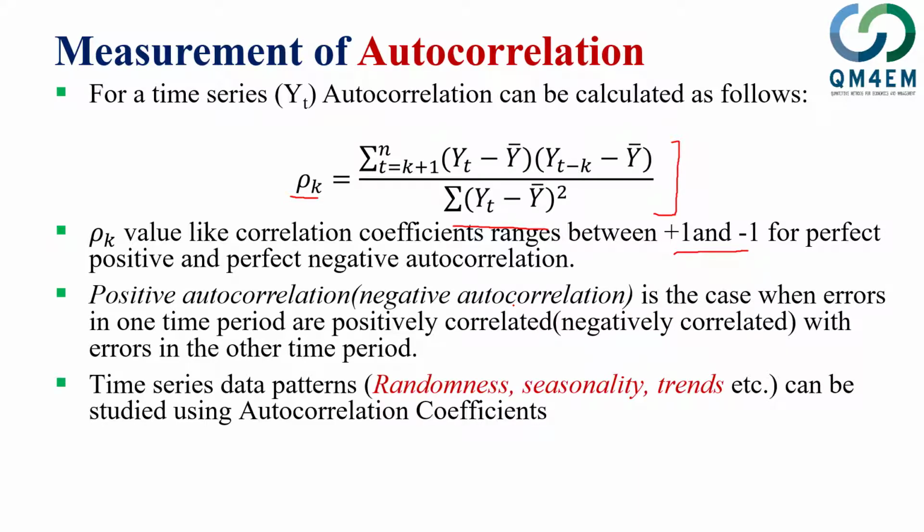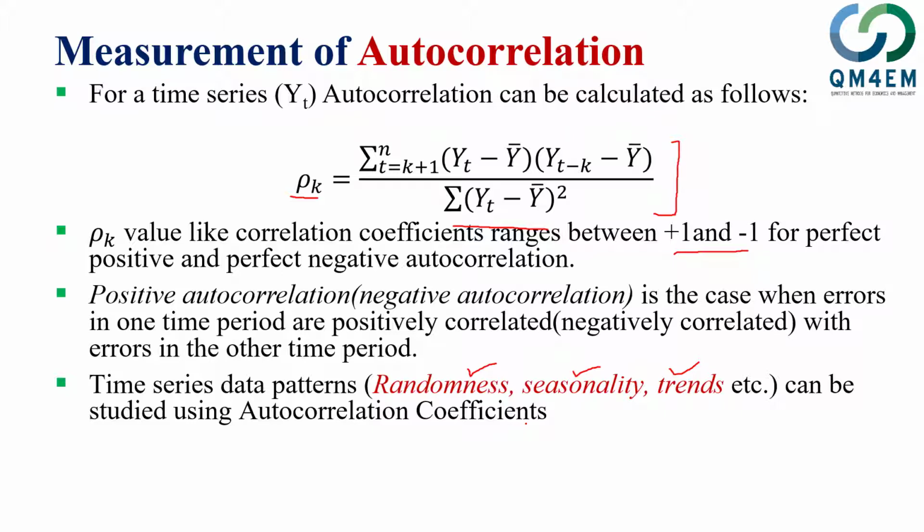Now, time series data patterns can be studied using autocorrelation coefficients. You may be surprised why we want to use the autocorrelation coefficient. It is very useful while studying different patterns of time series data. We can check for randomness, seasonality, or trend in data using this autocorrelation coefficient.